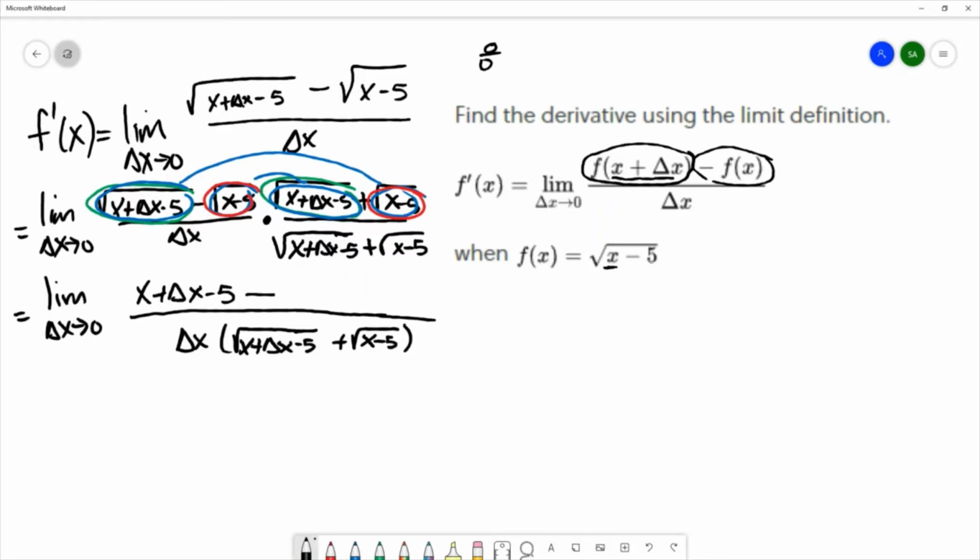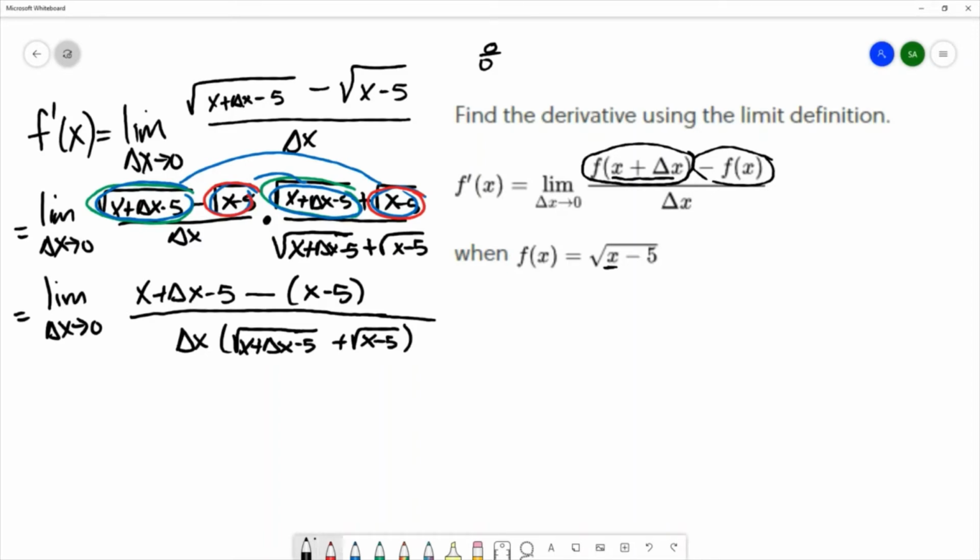But because they're both the same radical, square root of x minus 5 times square root of x minus 5 will become x minus 5. So notice I put the minus in front of the parentheses because that minus is applied to the whole expression.